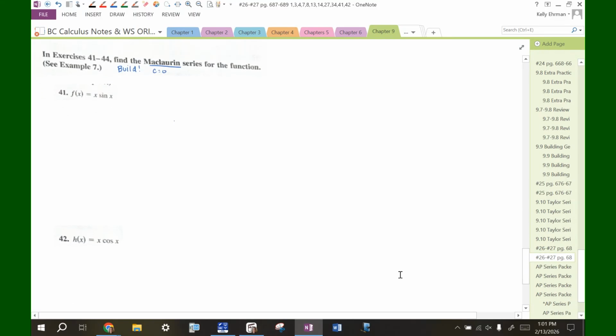All right, for the next one, find the Maclaurin series. Again, we get to build this. And so this is x times sine x. So let's see if I can get this right. So sine x originally is our odds, right? So that's going to be the one that's x minus x cubed over 3 factorial plus x to the 5th over 5 factorial minus x to the 7th over 7 factorial.